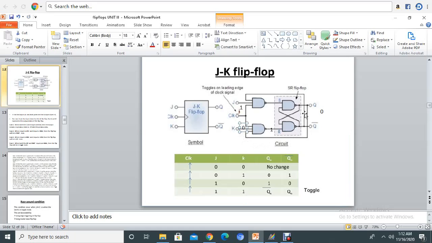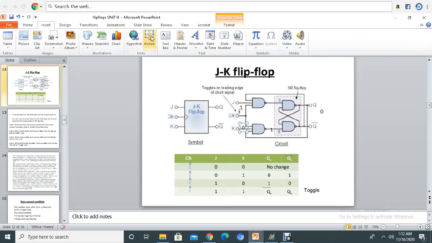Now this 0 is applied to this input. Okay. This 0 is also applied to this NAND gate. So if any one of the input is 0, then the output will be 1. So Q bar is equal to 1.